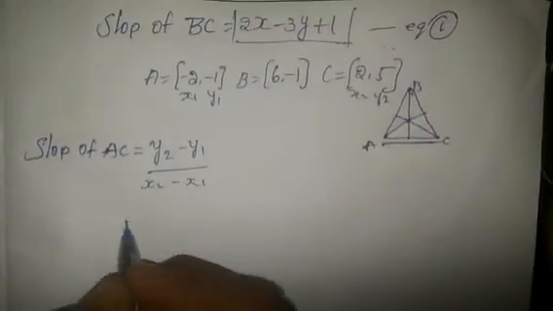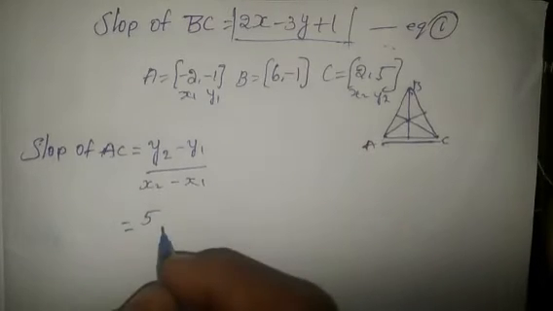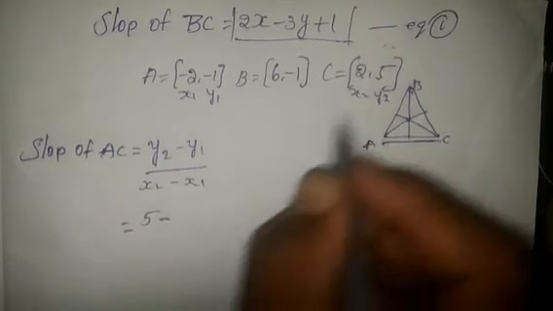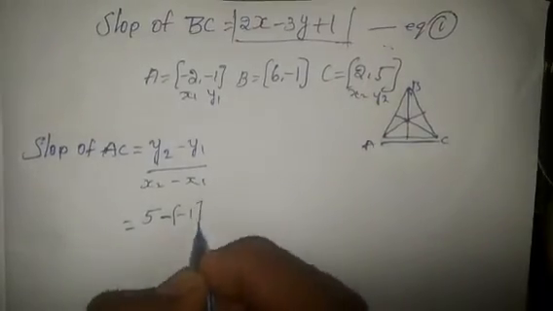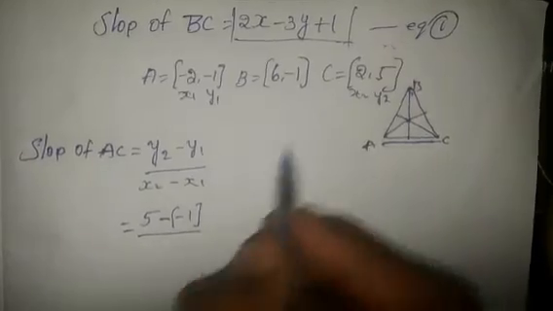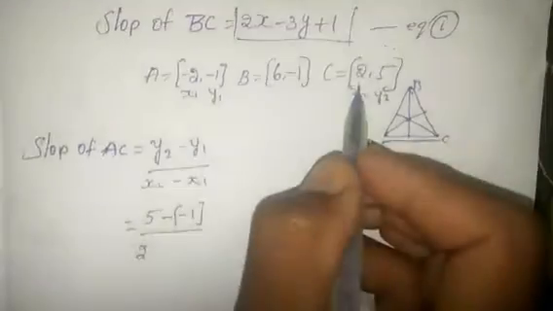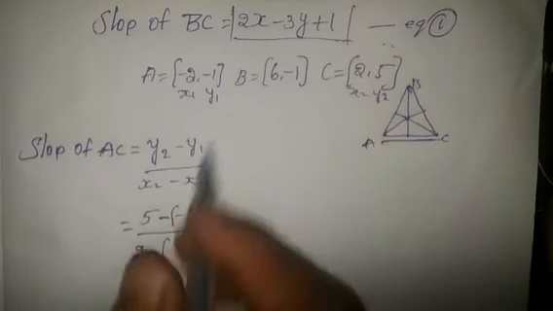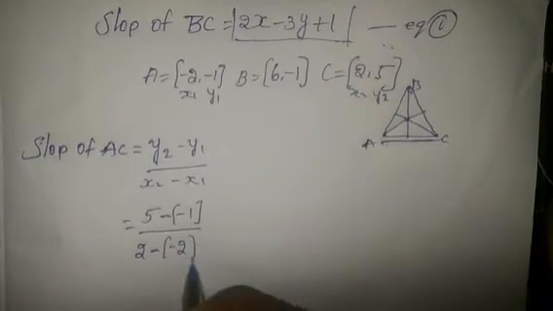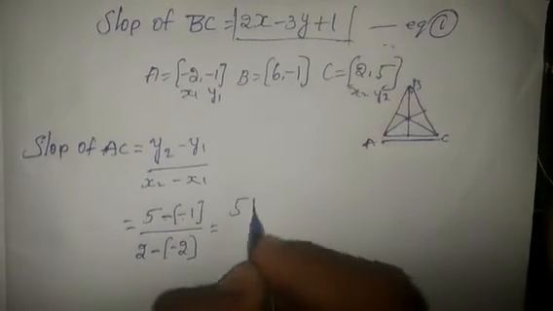So now we have to substitute. y2 is 5, and minus y1, that is minus 5, so minus of minus 5, by x2, that is 2, minus x1, that is minus 2.